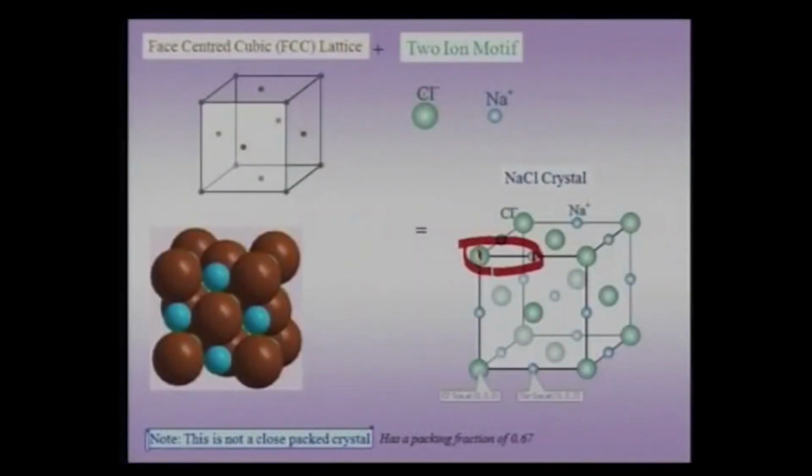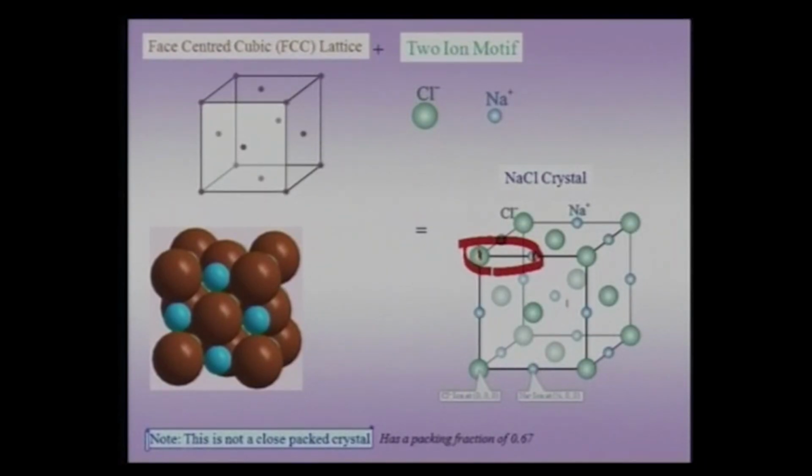And as I had mentioned, this crystal I obtain can be thought of as two interpenetrating FCC crystals, or what we may call FCC subcrystals, which are a sublattice of FCC decorated by chlorine and another sublattice of FCC type decorated with sodium ions, which gives me the sodium chloride structure.